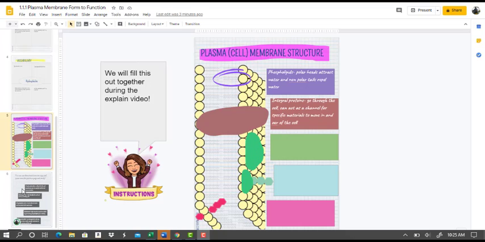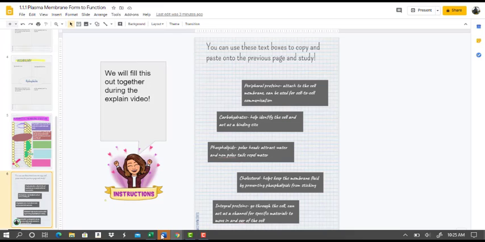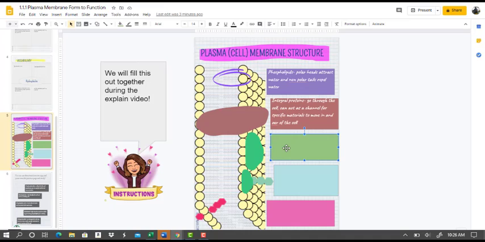If we go down to our second slide, we can pull the name and definition for peripheral protein, copy that, put it in our green box for peripheral protein, used for cell-to-cell communication. And then related to that is a carbohydrate. So this aids in cell-to-cell recognition, so you recognizing cells and cells basically sticking together.